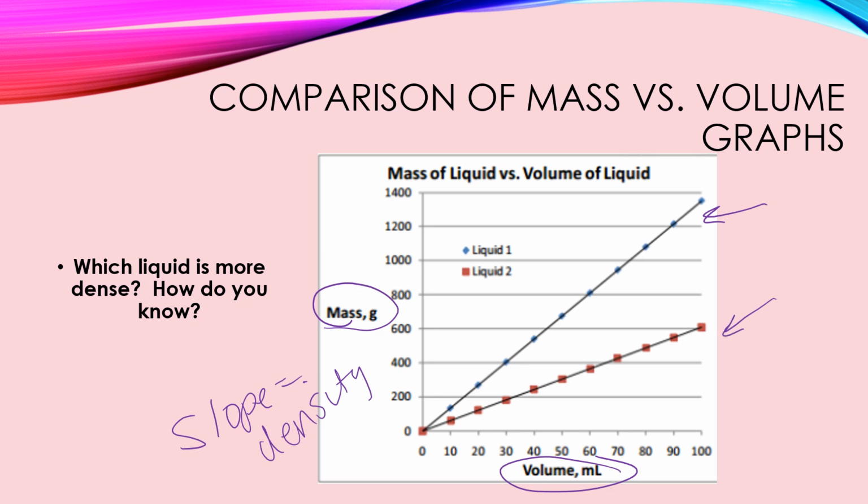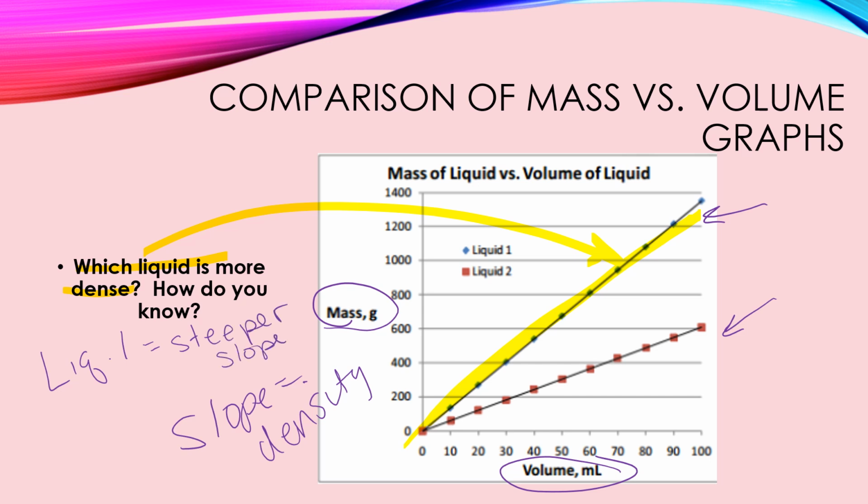And the one with the steeper slope is going to have a bigger density, which means it is more dense. So in this case, liquid 1 would be my more dense. And the reason why you know this is because the slope is equal to your density and liquid A, or liquid 1, has a steeper slope, which means it has a higher density.